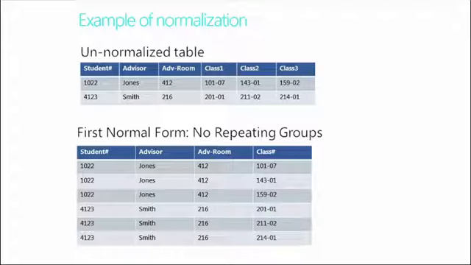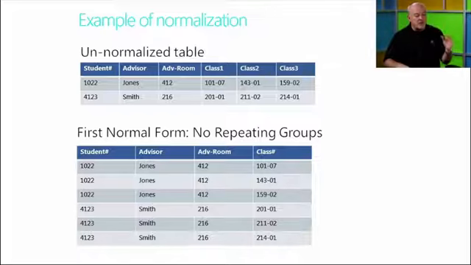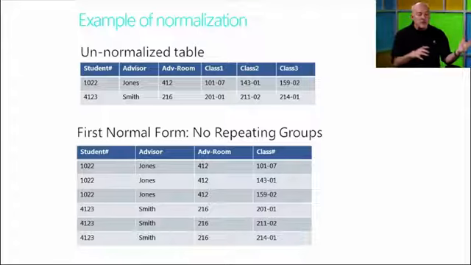If you remember correctly, the first normal form, as it says here, is no repeating groups should be in that table. So notice what we've done here. We've taken class 1, 2, and 3, which is a repeating group, and now we're going to have student 3 times. We have student 1022 with the same advisor, the same advisor room, and a different class number. So you can see we got rid of the repeating groups, but now we've got some redundancy.